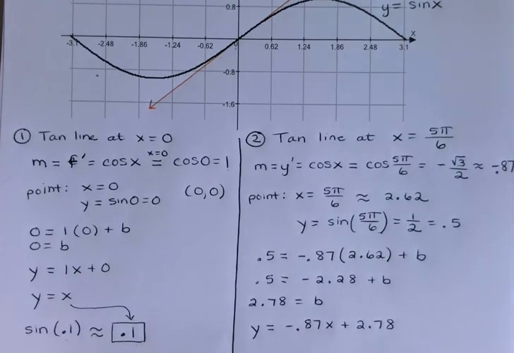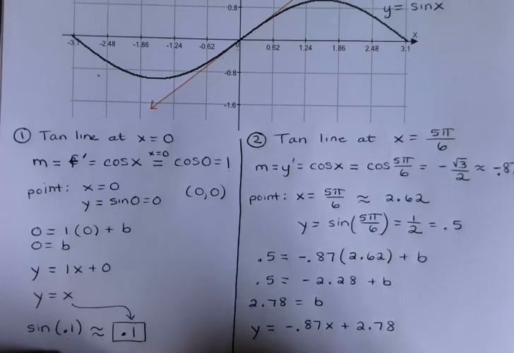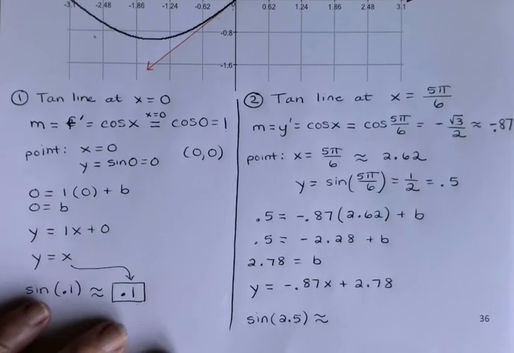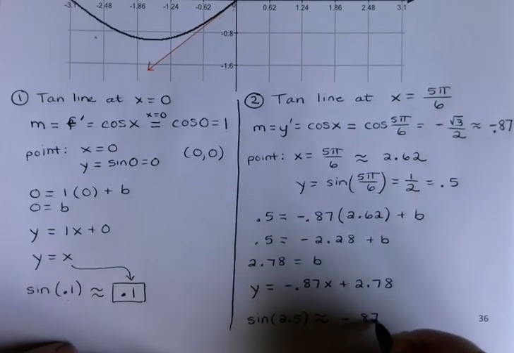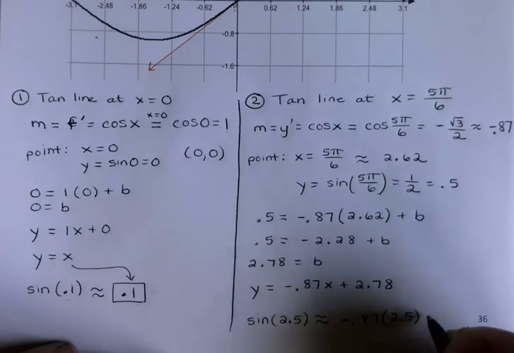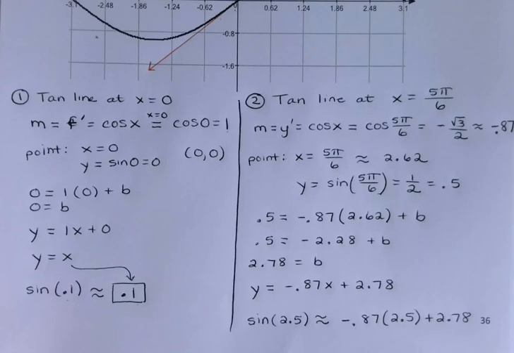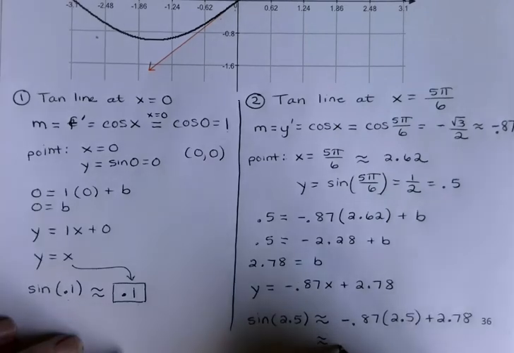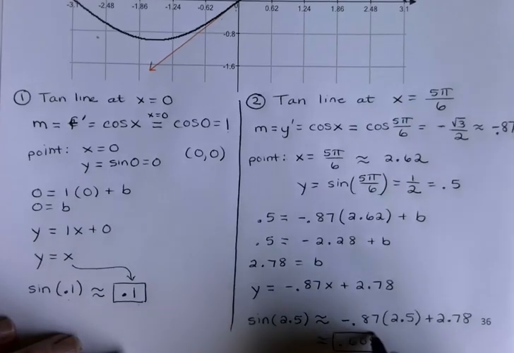Now I specifically wanted to use this to approximate the sine of 2.5. So I'm going to go ahead and plug that 2.5 in for the x. And I get 0.605 as my linear approximation.